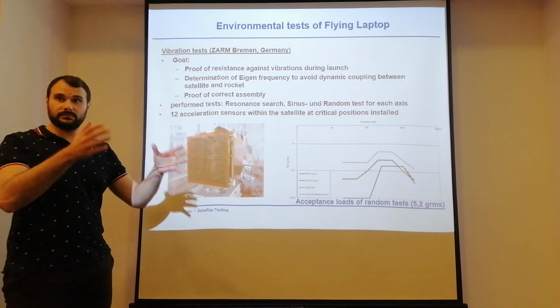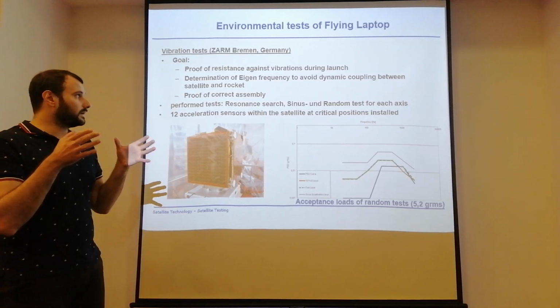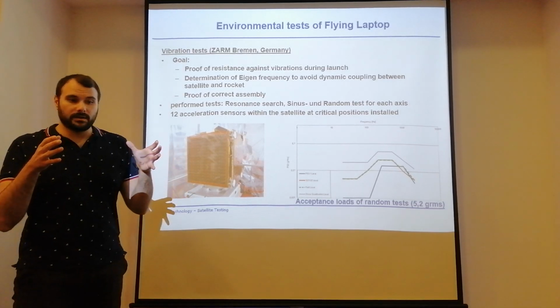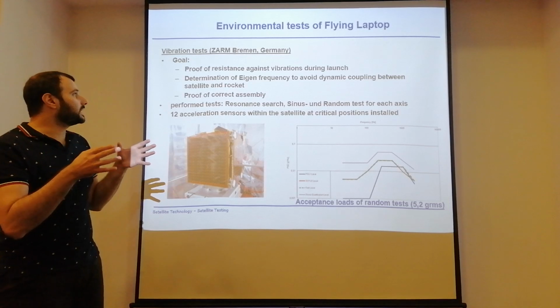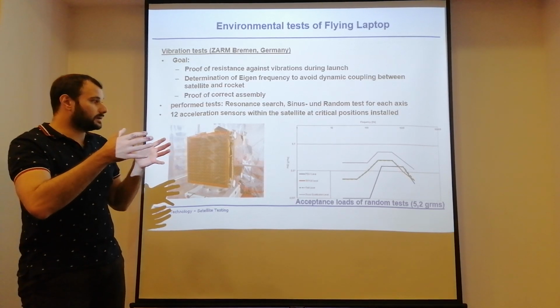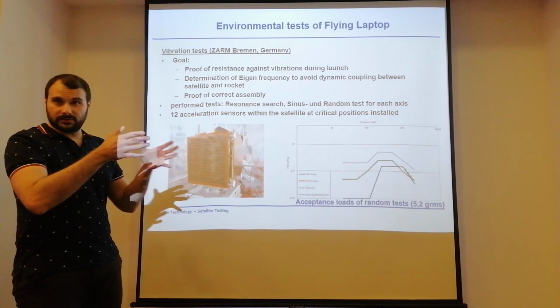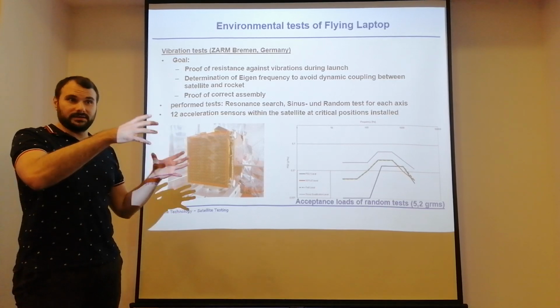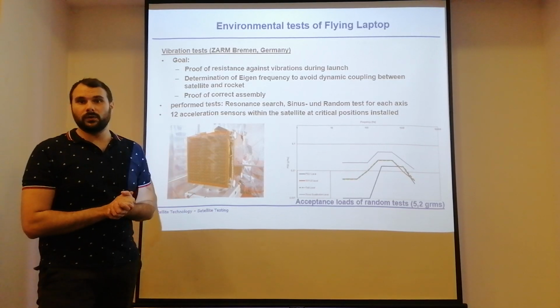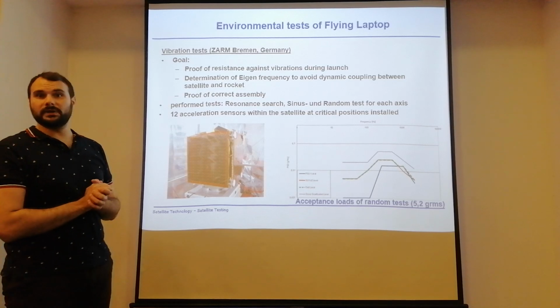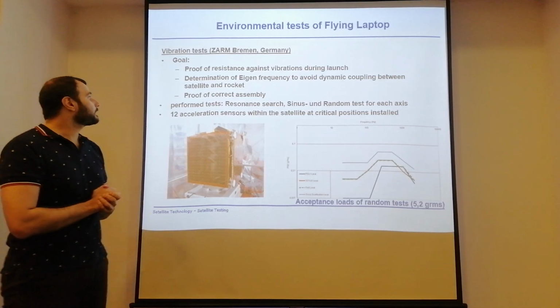You don't want to have the satellite swinging or being coupled with the eigenfrequency of the rocket, so it might just damage the whole satellite because you hit a resonance there.